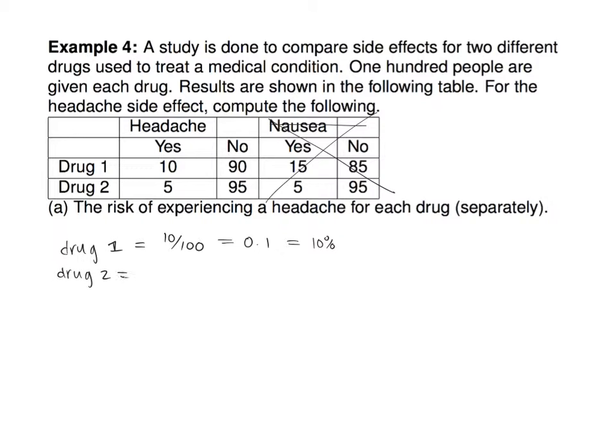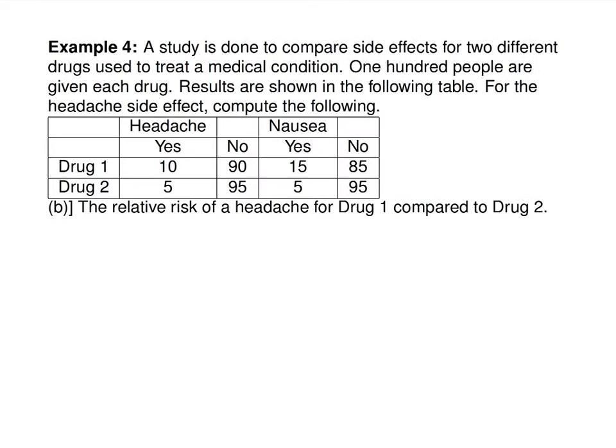How about drug 2? 0.05, or 5%. Is that all right?